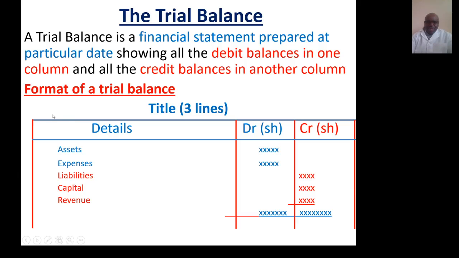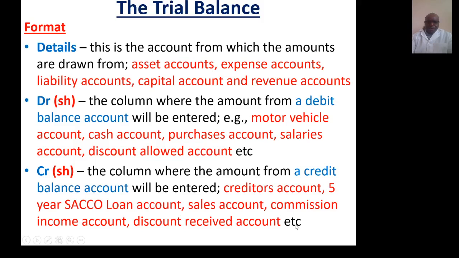And liabilities, capital, and revenue accounts normally exhibit credit balance, and their totals are entered on the credit column of a trial balance. And then the bottom figures for both columns must be equal or balance.